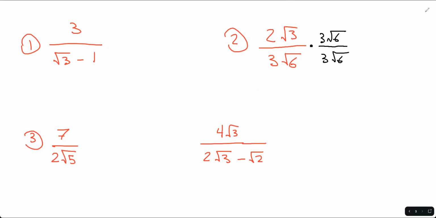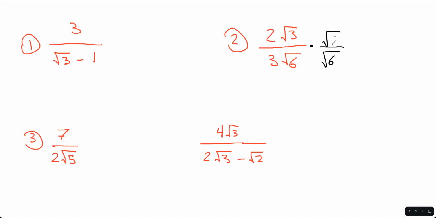And I kind of get bothered with this, like why do you have to multiply by 3 root 6? It doesn't say that you have to multiply by the whole bottom. If you want to rationalize the denominator, you don't want any square roots on the bottom, you don't need to multiply by the whole bottom. All you need to do is just multiply by root 6 and root 6.